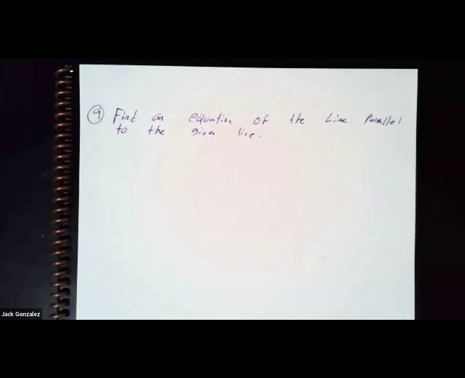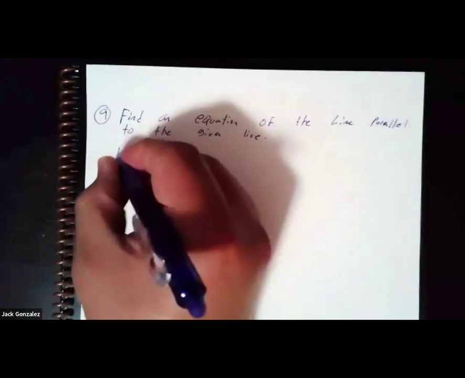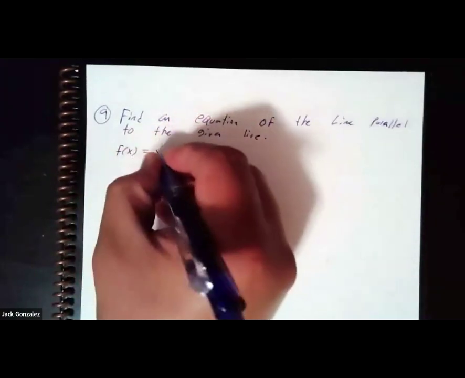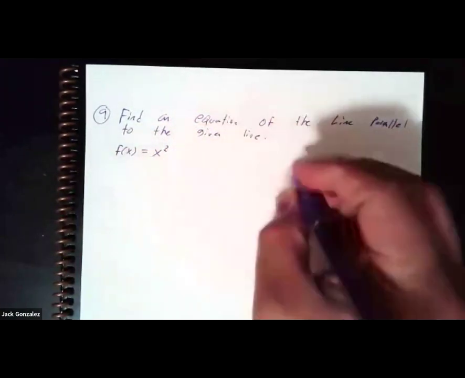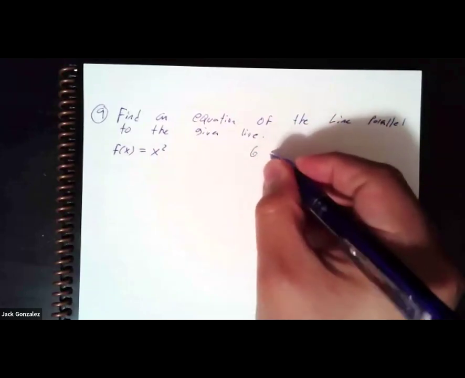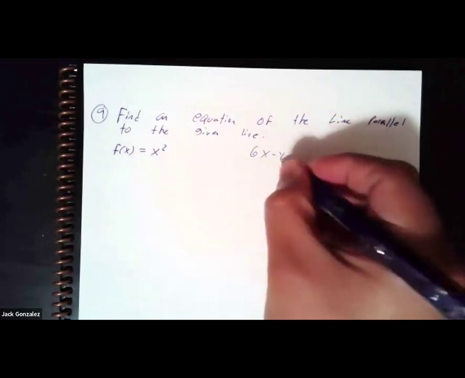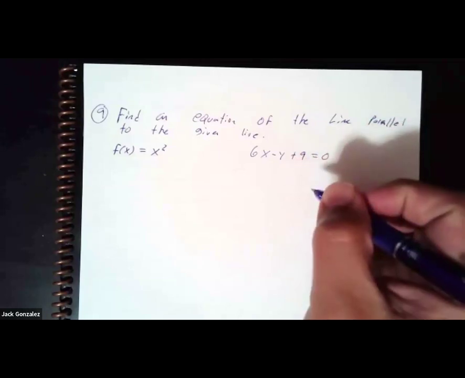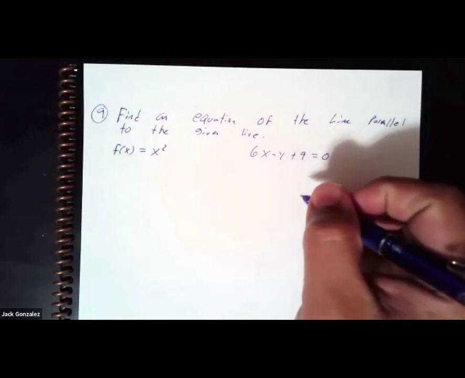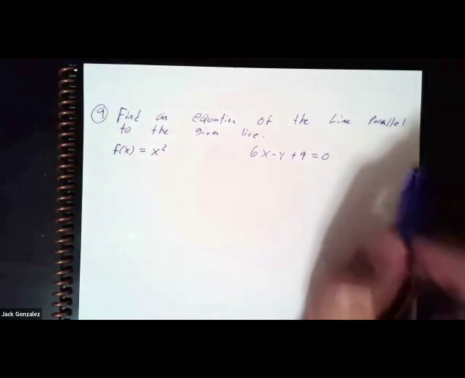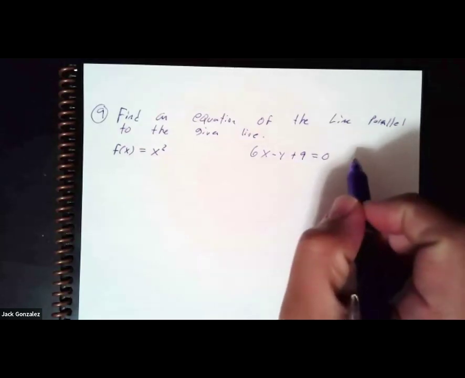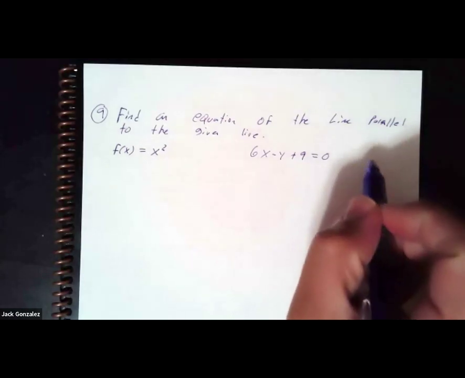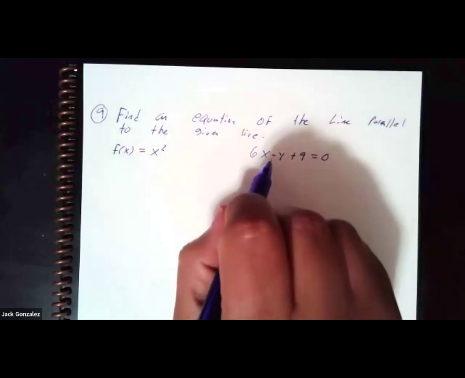All right. So this is the function they're giving us. This is a random line they gave us. Okay. So they want the equation of the tangent line that is also parallel to this random line.